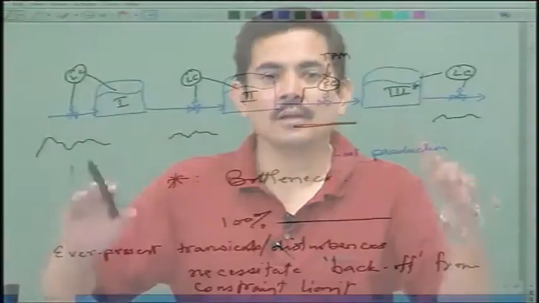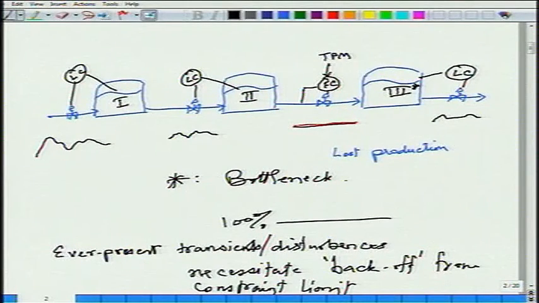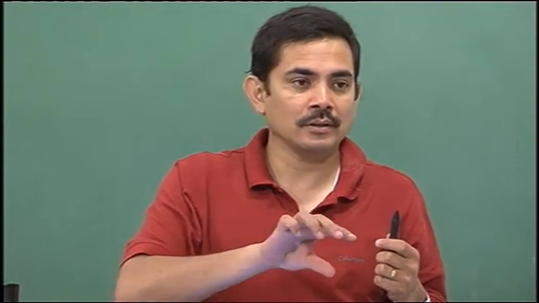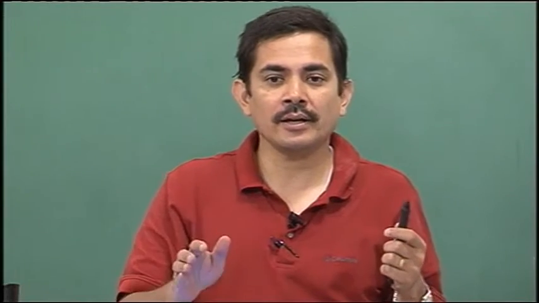What does that do? That allows me to operate at maximum, and this maximum means significant revenue. Even if my production goes up by 3%, 4%, that is a heck of a lot of revenue for the same process. I have not installed any extra equipment, I have not done any debottlenecking.